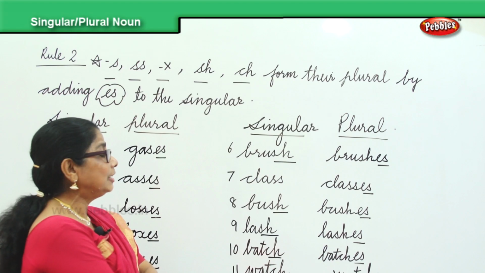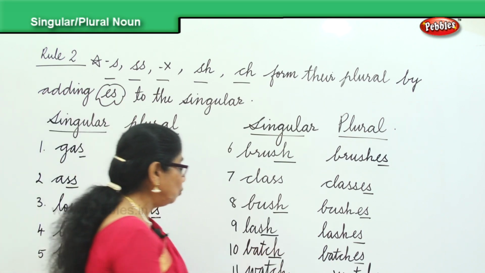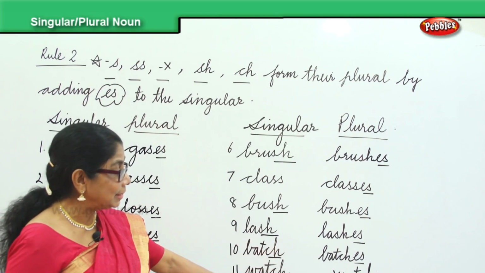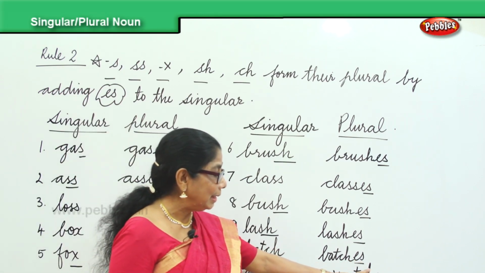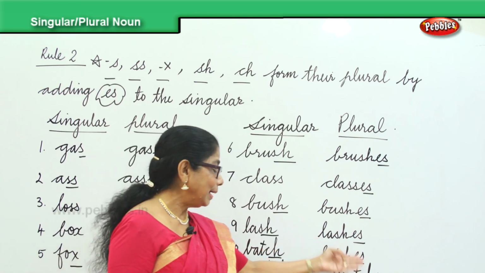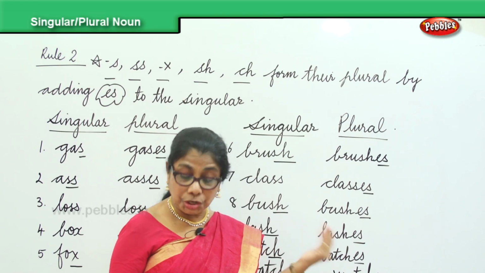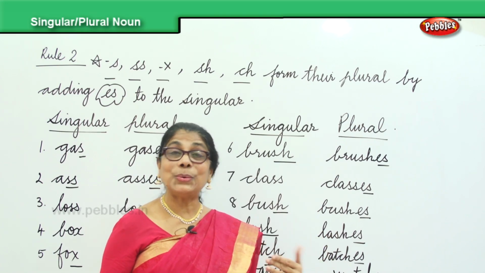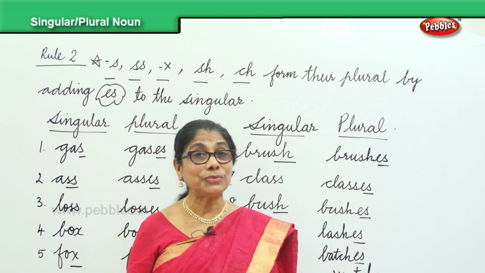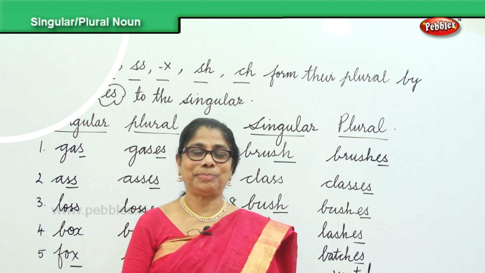You have lash, lashes. Then you have batch and watch ending in CH, and you added ES to form the plural. You have the batch, batches, watch, watches. Then you can say church, churches. So, we learned 2 rules for today to form the plural form.